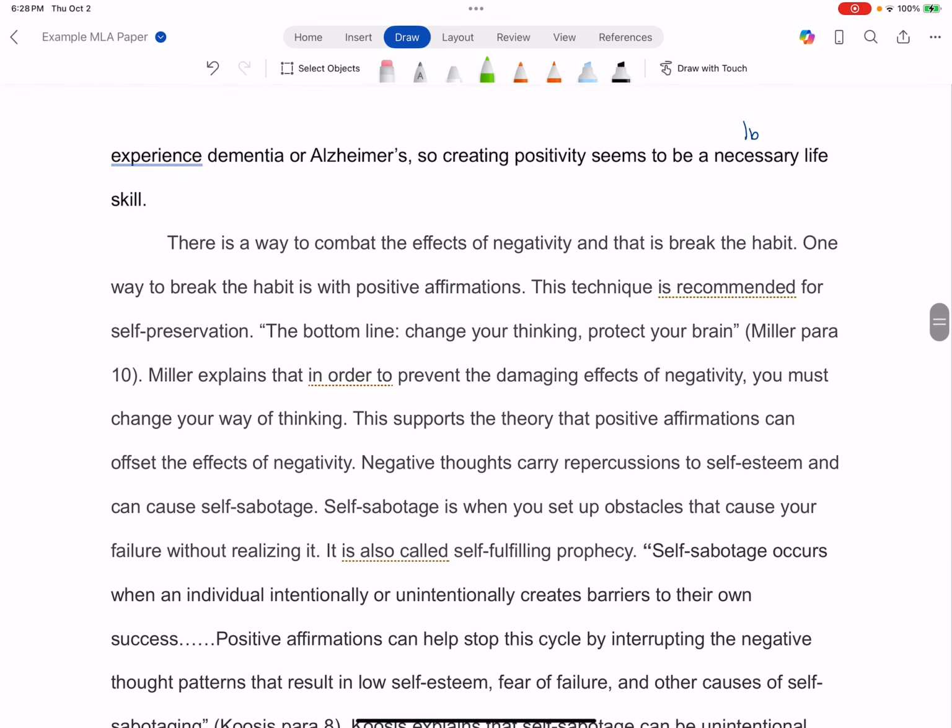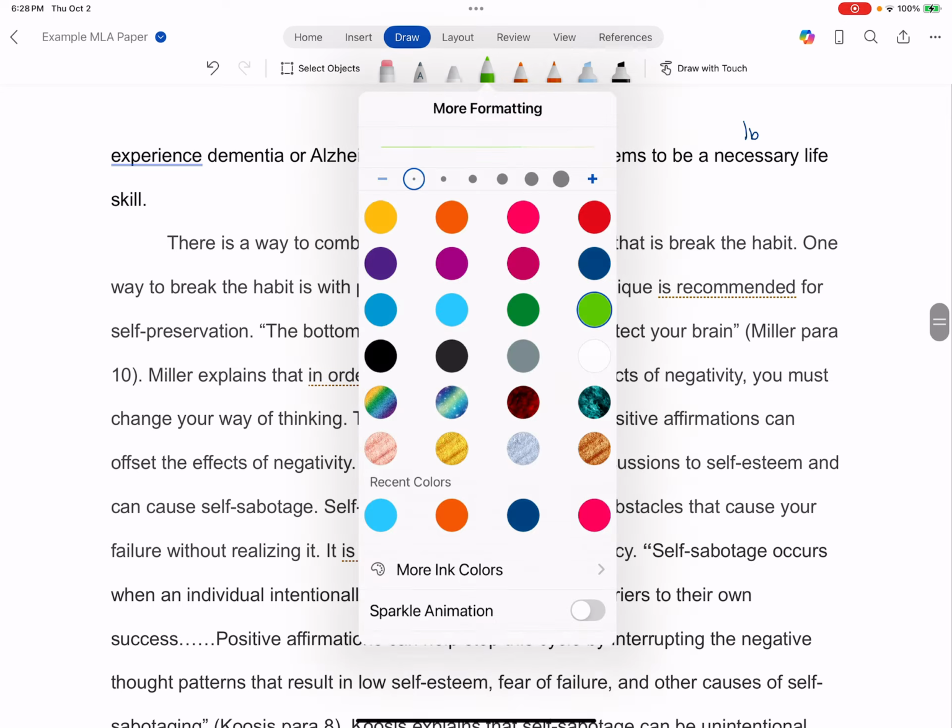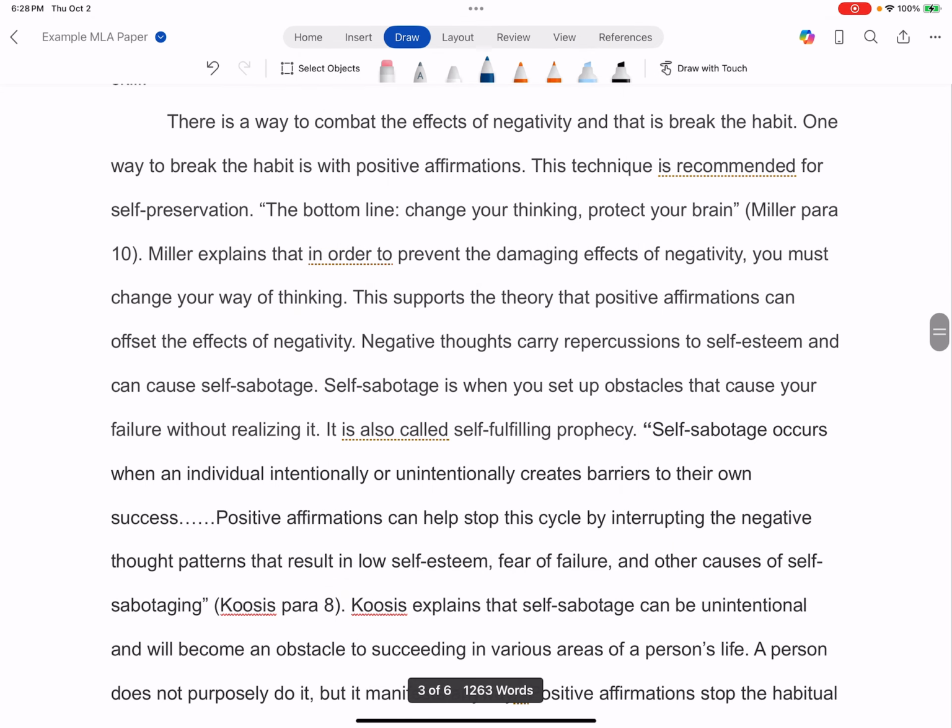So let's do the next one. Let's count the total lines in the paragraph.